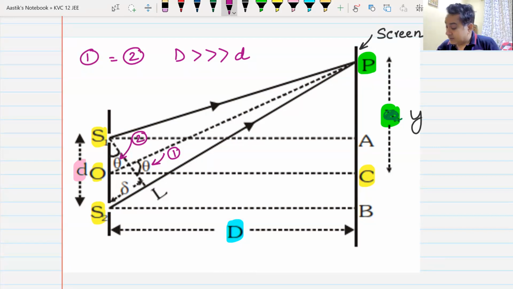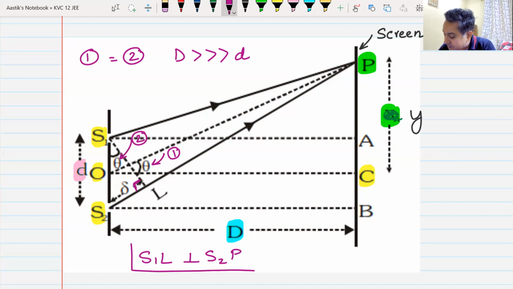Then what I have done here, my dear friends, I will take those two angles off. I have drawn a perpendicular, this S1L, perpendicular to S2P. I have drawn a perpendicular from S1 onto the line of S2P.